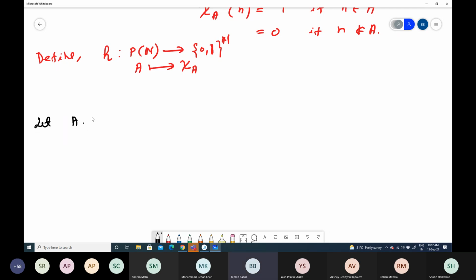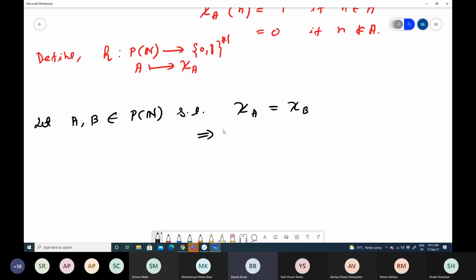So let A, B belong to the power set of n such that chi_A equals chi_B. Now what does it mean?